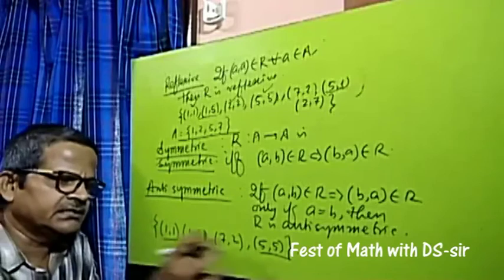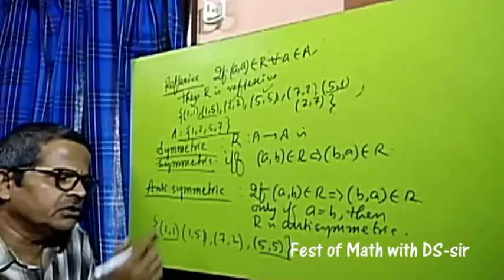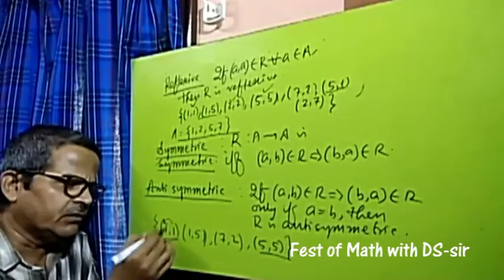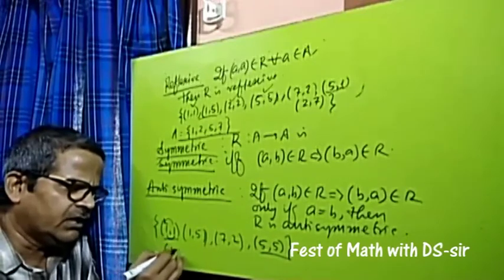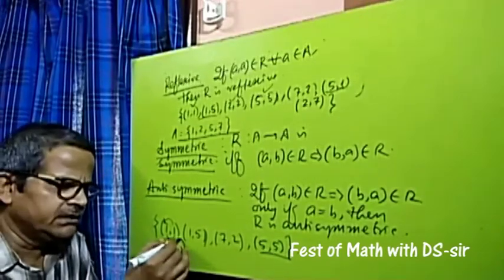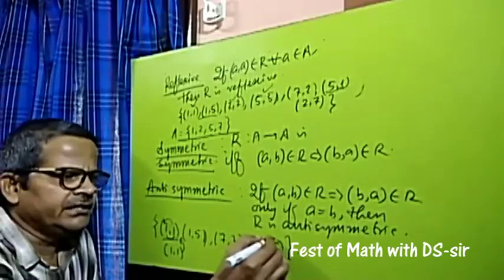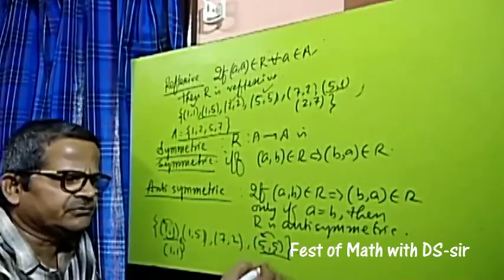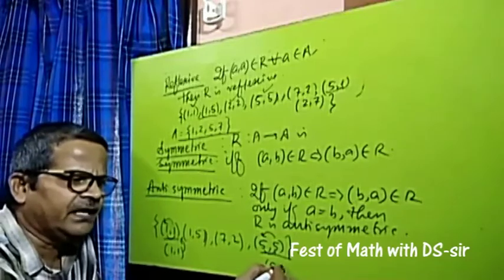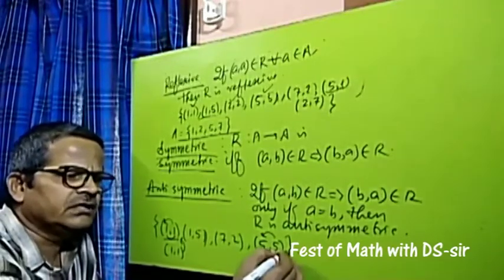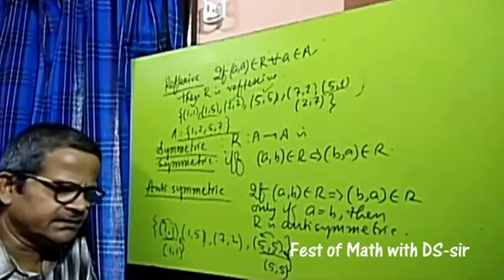Because on interchanging the 1 and 1, we get (1, 1), so (1, 1) is a member of the set. On interchanging these two fives, we get again (5, 5), so (5, 5) is included in the set.